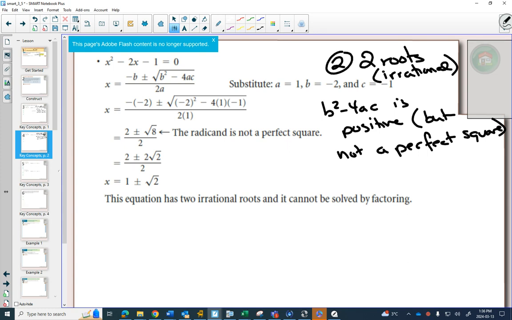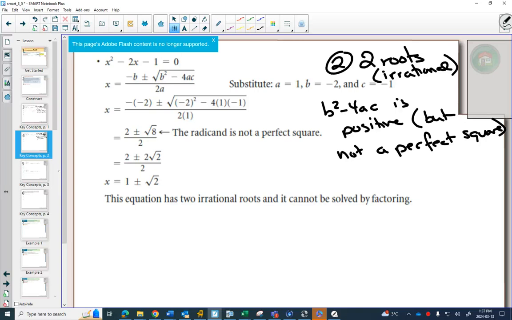So because it's not a perfect square, we still get 2 answers, but this time our answers are irrational answers. And of course, as soon as you have an irrational answer, we couldn't solve it by factoring.